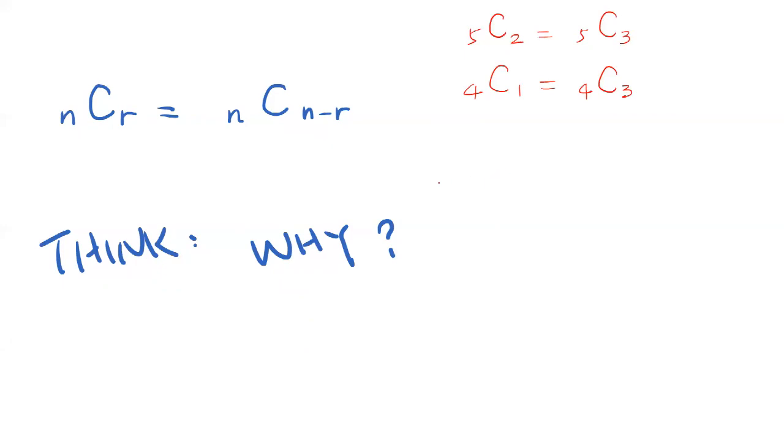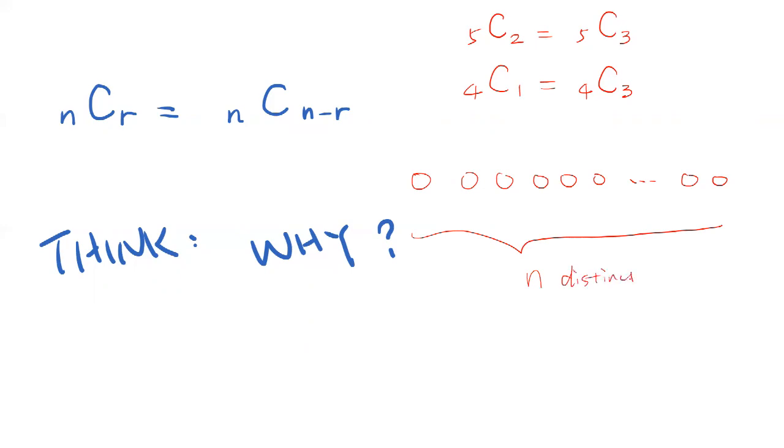Why? Let's think about this problem in this way. Suppose we have n elements here. C(n,r) means how many ways you can choose r elements from the n elements, right?